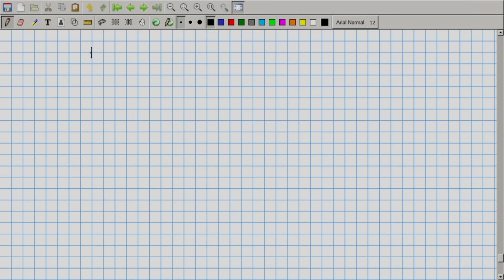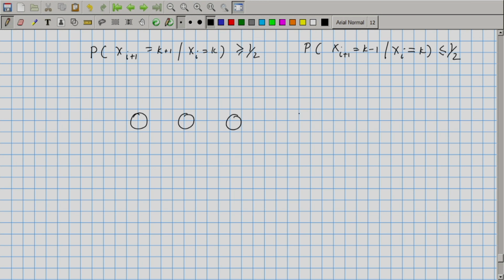So, what we have here is the probability that xi plus 1 is equal to k plus 1 given xi equals k is greater than or equal to half, and the probability that xi plus 1 is equal to k minus 1 given xi equals k is less than half. So, we can think of this as a random process, not a Markov process, but a random walk.